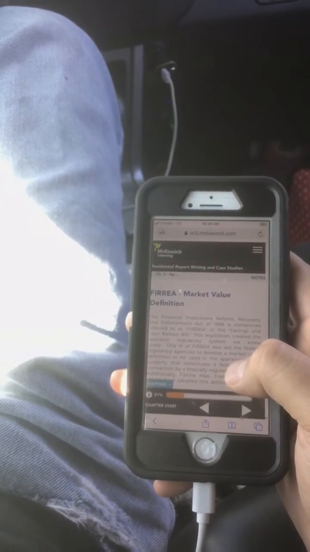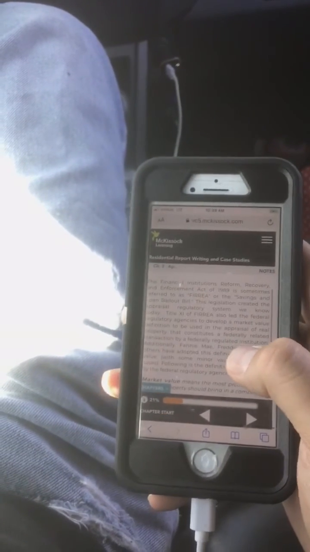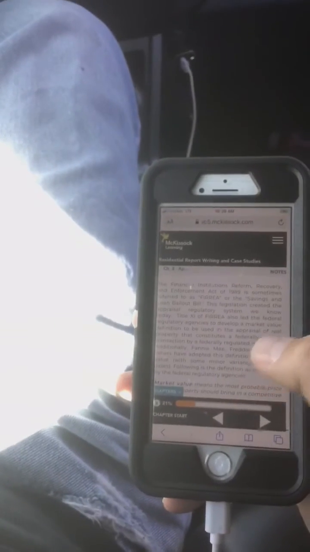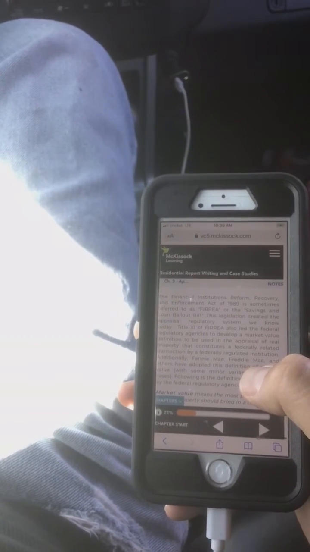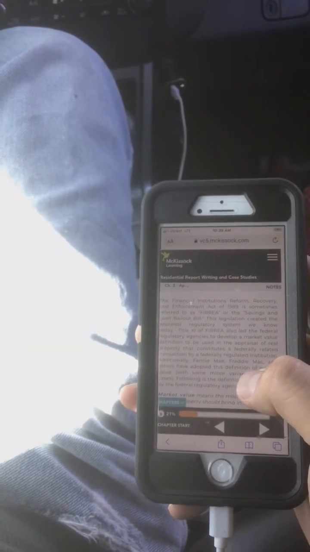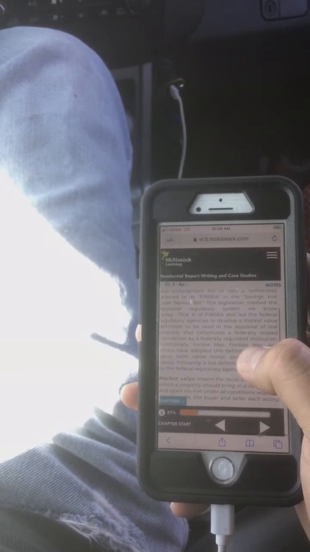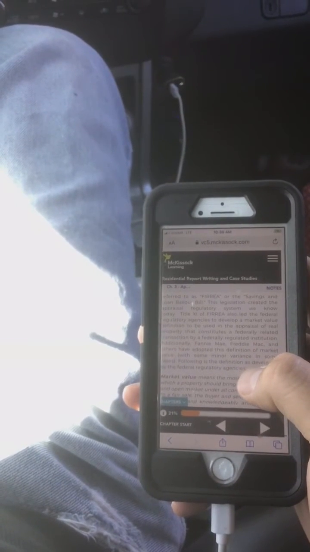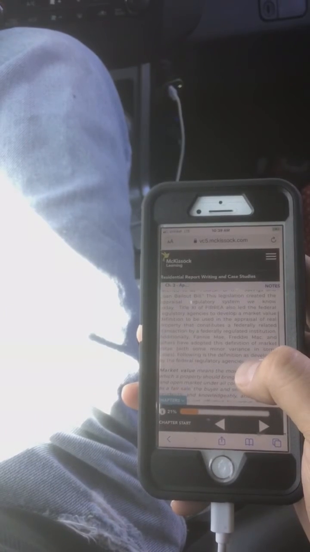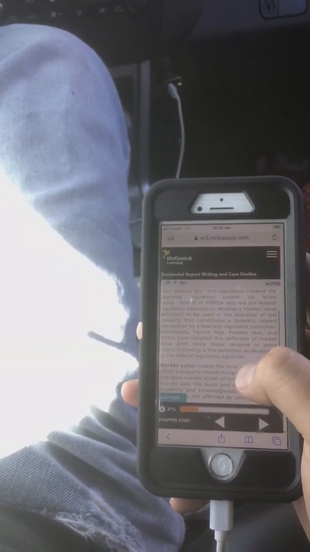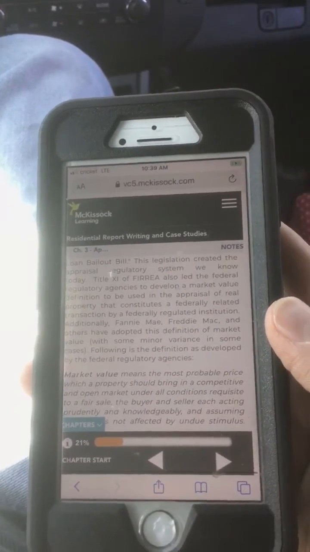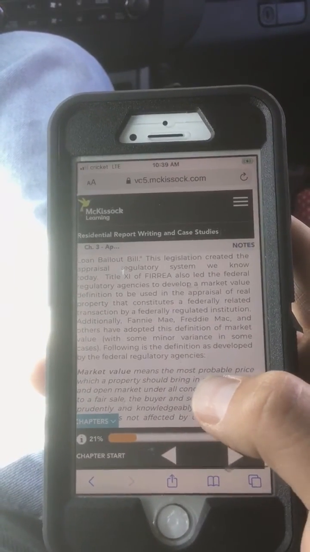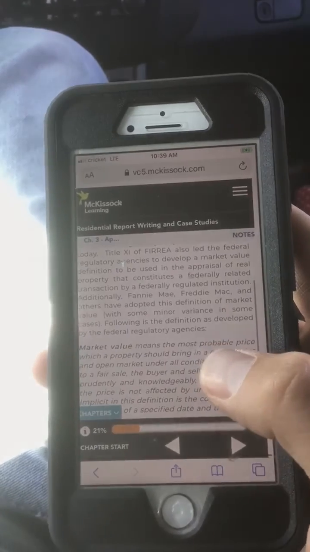FIREA, market value definition. The Financial Institutions Reform, Recovery and Enforcement Act of 1989 is sometimes referred to as FIREA, or the Savings and Loan Bailout Bill. This legislation created the appraisal regulatory system we now know today.